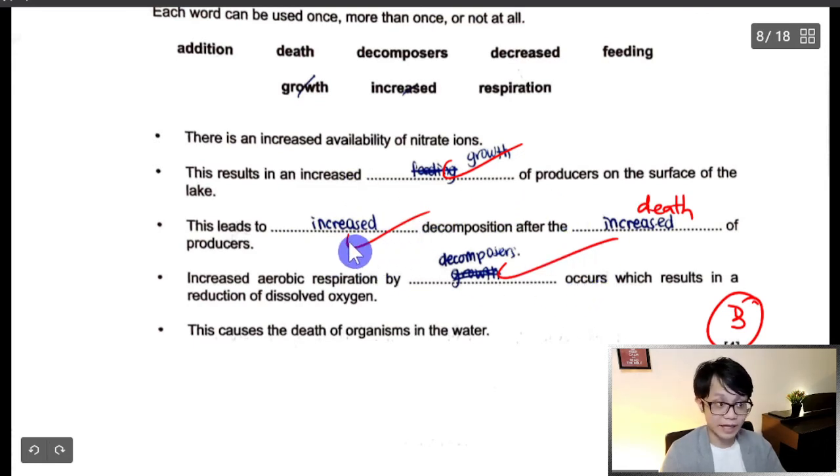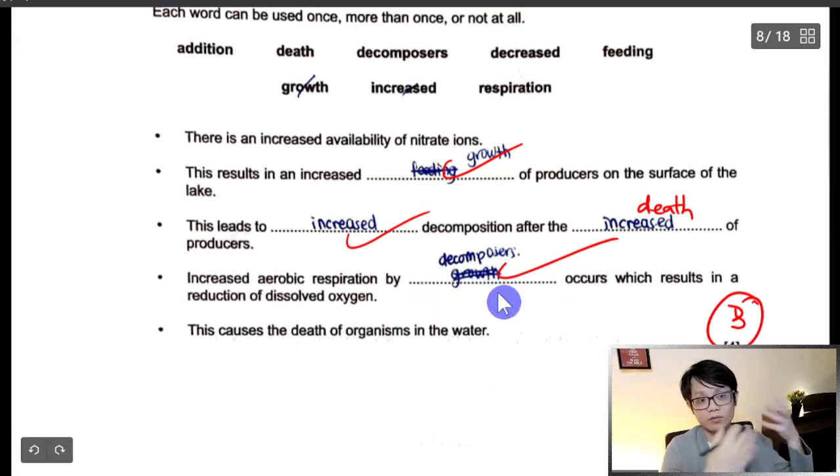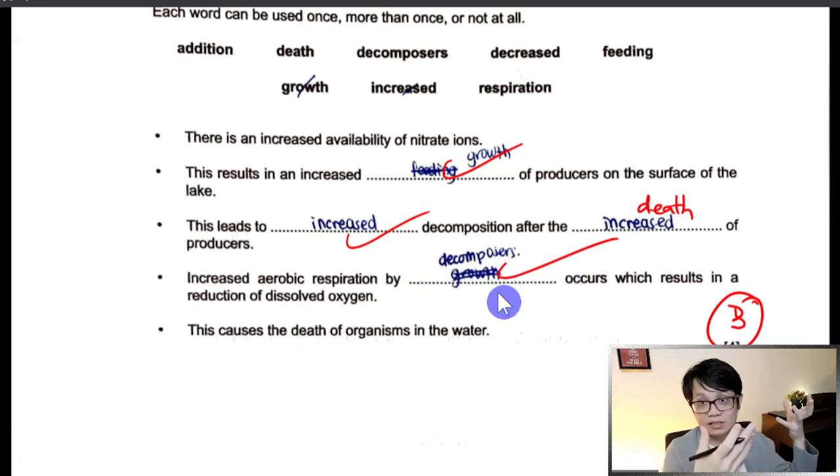The plants die and decompose, and when they decompose, they increase the respiration that occurs in the lake, causing a lack of oxygen in the water. The decomposers, the bacteria or whatever, still need oxygen when they decompose. Unless there's no oxygen, then you cannot decompose, let's say a crop, correct or not?